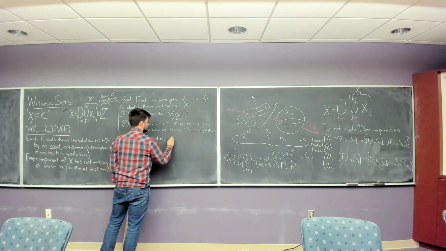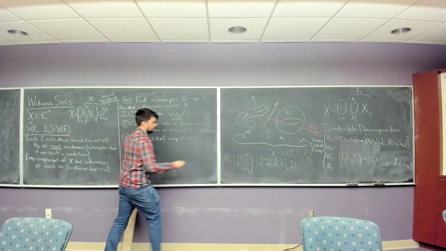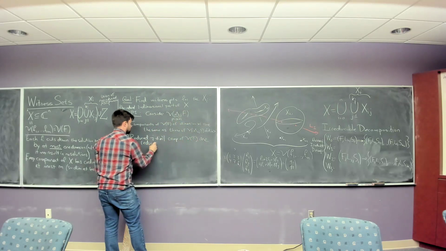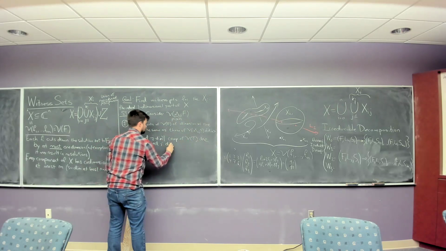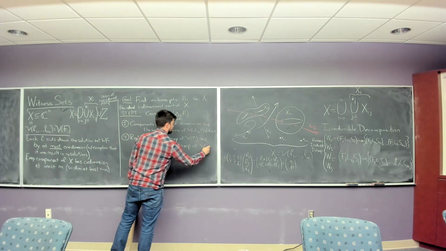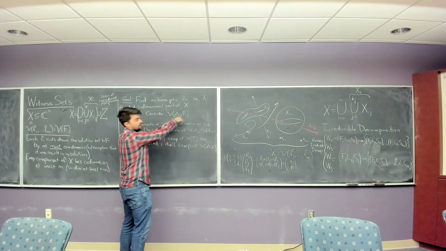The i-dimensional components of V of F, i.e. the ones I care about, are reduced i-dimensional components of V of lambda. The i just indicates the size, by the way.